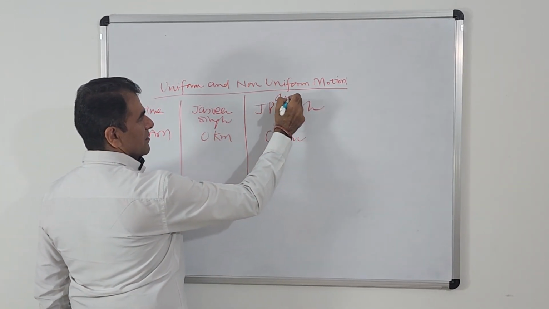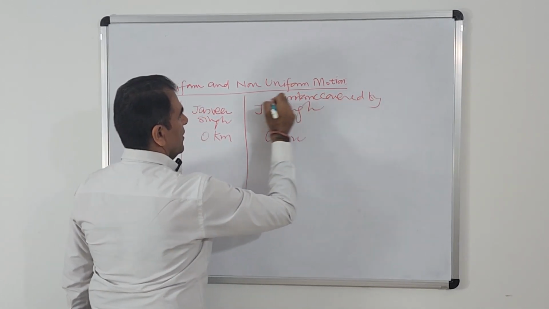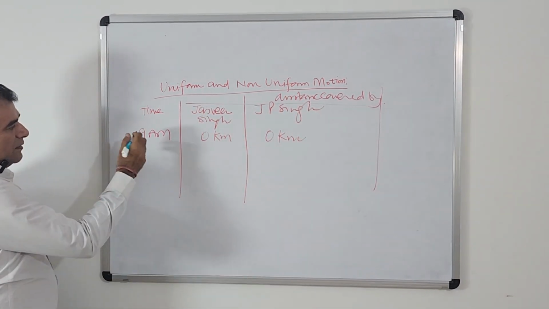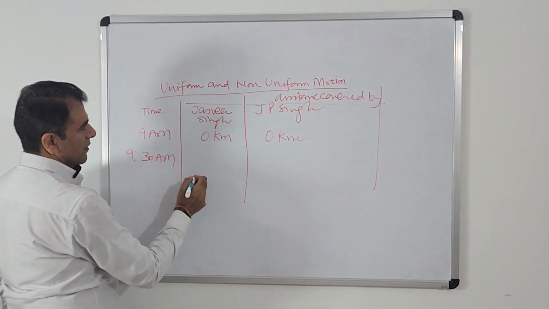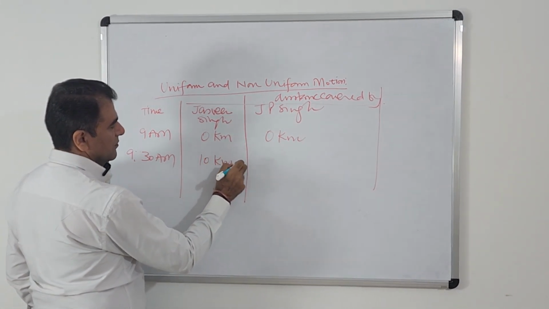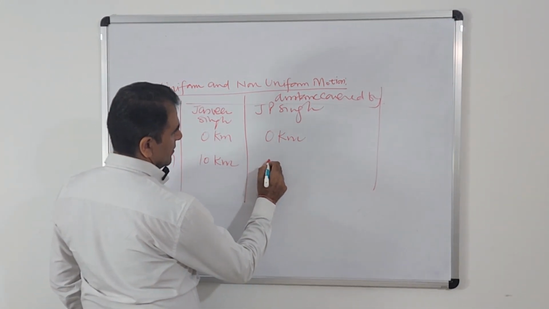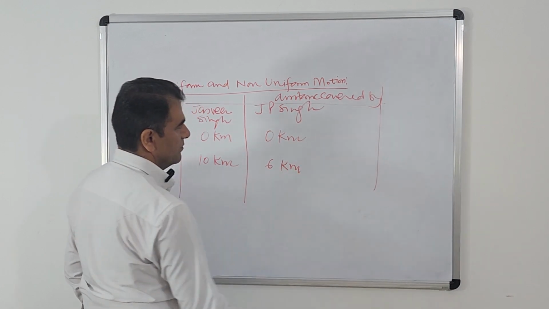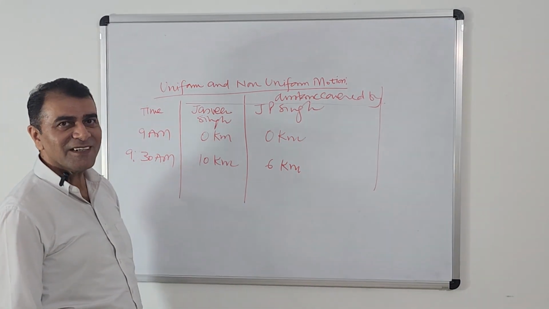Okay, so the distance covered by JP Singh and Jasveer, right? Say at 9:30 a.m. the distance of Jasveer is 10 kilometers and the distance covered by JP Singh is say 6 kilometers, because JP Singh stops somewhere, right?